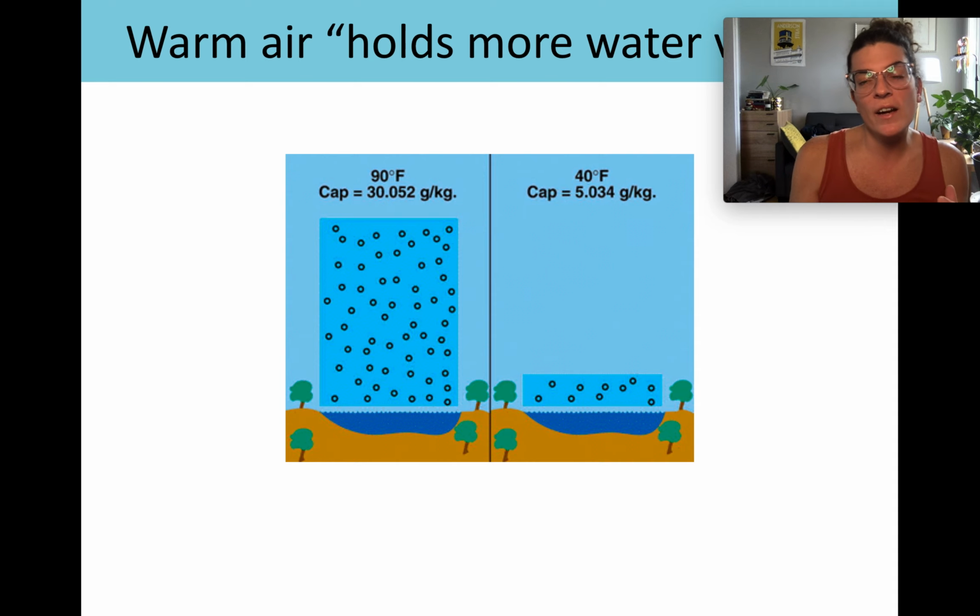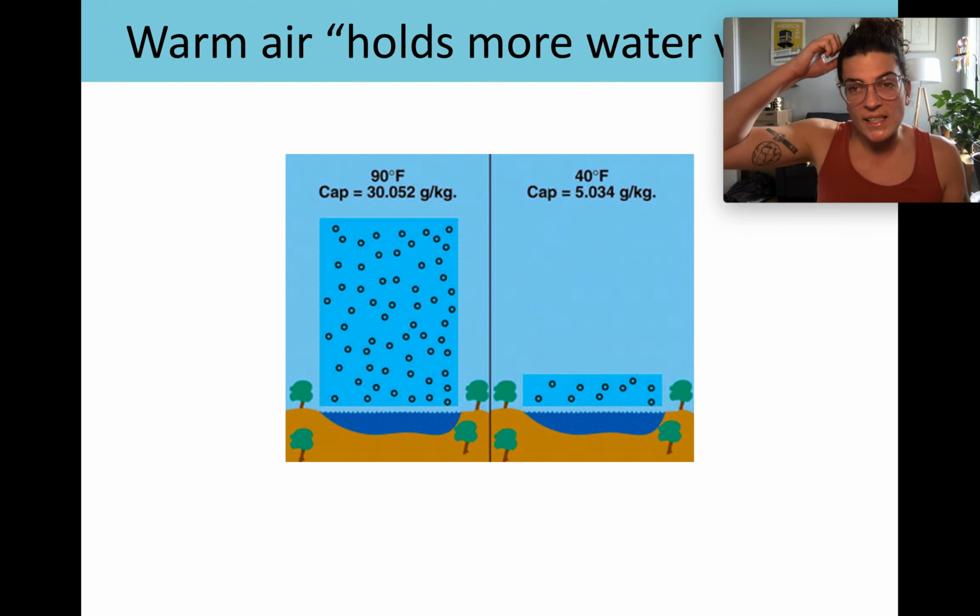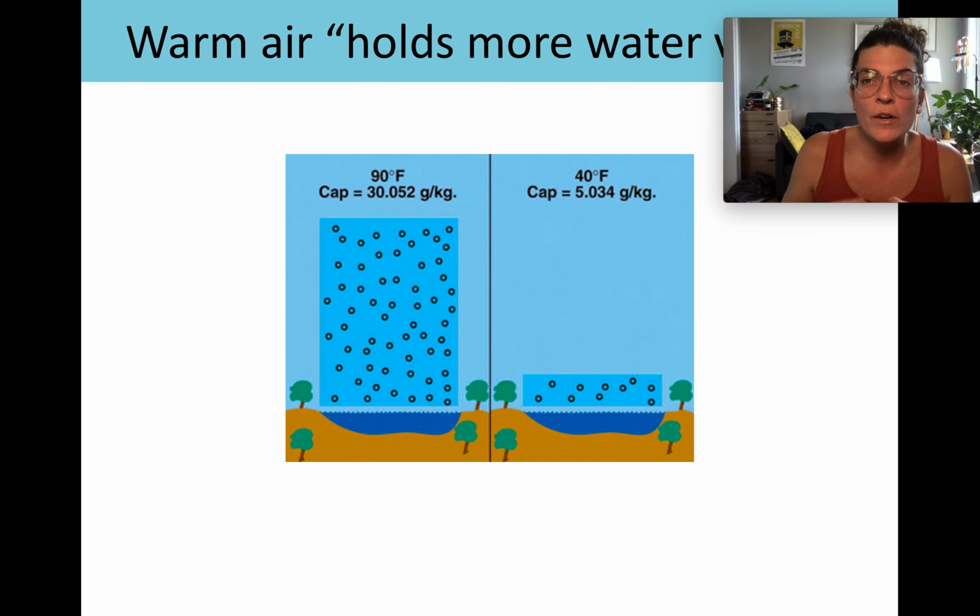If the parcel of air that's 90 degrees Fahrenheit is holding the maximum amount of water vapor that it can, it will be containing 30 grams per kilogram of water vapor, meaning for every kilogram of air, it will contain 30 grams of water vapor. That's the maximum amount of water vapor that it can contain. So if it contains the maximum amount of water vapor, then it is considered 100% saturated.